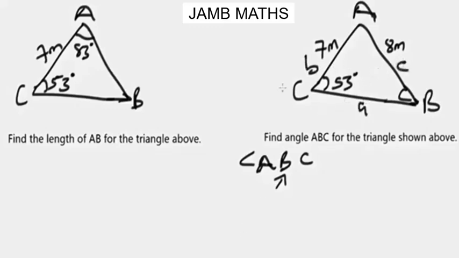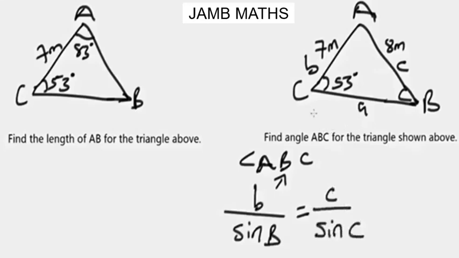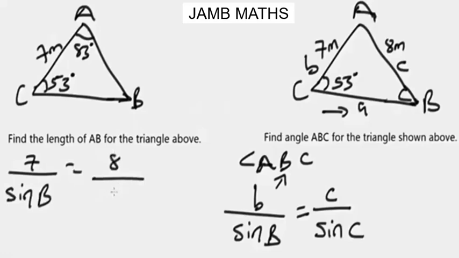For this question, we are still going to apply b over sine B equals c over sine C. I'm not making use of A because there's no value here. When you plug in the values, you will have b is 7 over sine B, which is unknown, that's what we are looking for, equals c, which is 8, over sine C. That's the angle C, which is 53 degrees.